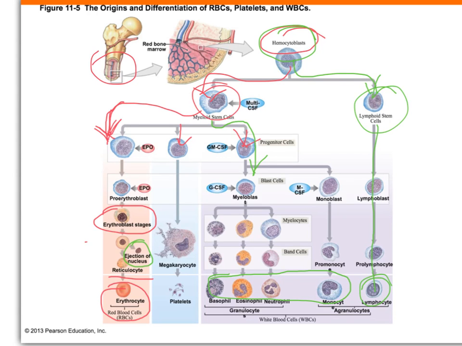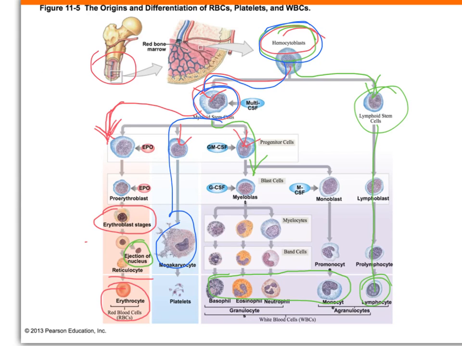This is the third time that I'm referencing this figure, and that's because now we are talking about how the platelets are made. They start off here: you have the hemocytoblasts, the stem cell in the bone marrow that could differentiate into myeloid stem cells, and one of the things that it can become is the megakaryocyte.